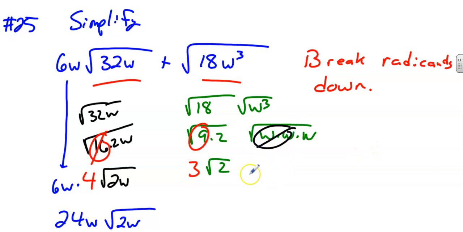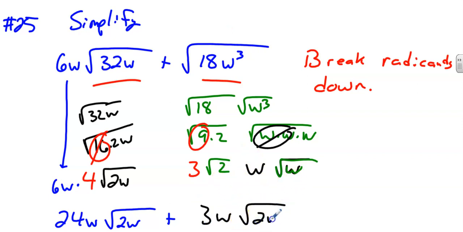There's a pair of w's, so that w gets out. That square root of w is going to stay on the inside. Okay, so putting this one together, we've got 3 times w on the outside. On the inside, you've got 2 times w, so that would be 2w.